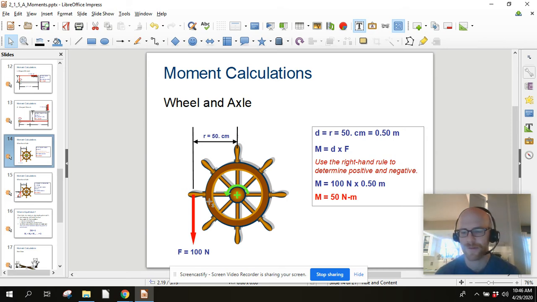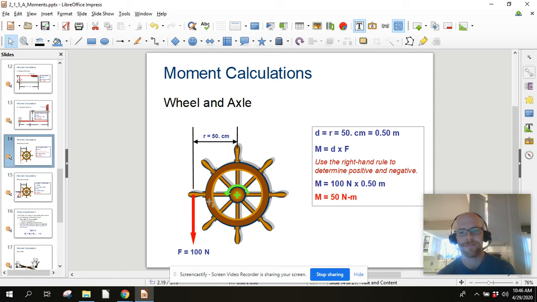Notice we're dealing with newtons and centimeters now, and the unit was newton meters, so we have to turn centimeters into meters. That's not difficult: with centimeters, we move the decimal twice, so 50 centimeters equals 0.5 meters.